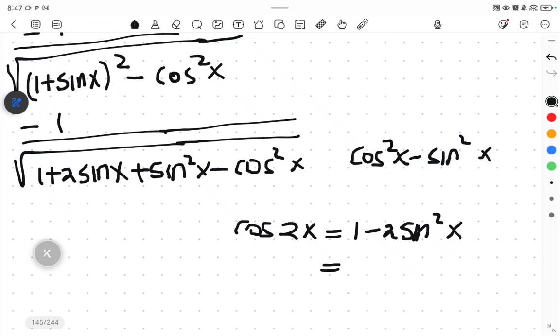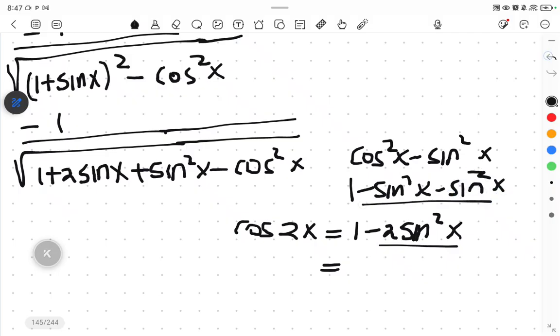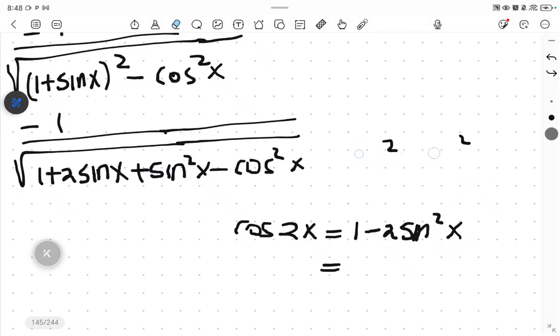I know that cos squared x is 1 minus sine squared x, and then this will give us this. Yeah, let me see if I can get something out of this.